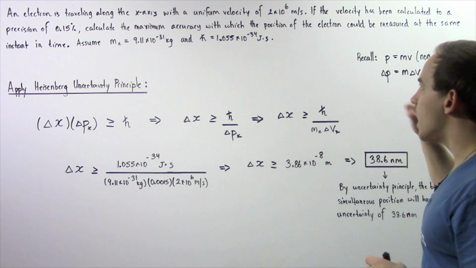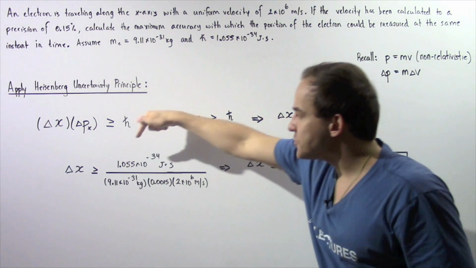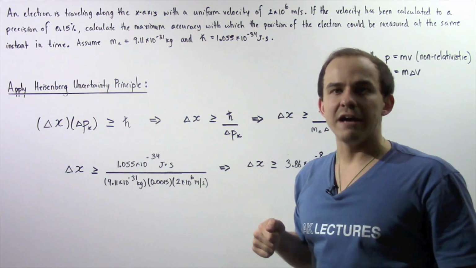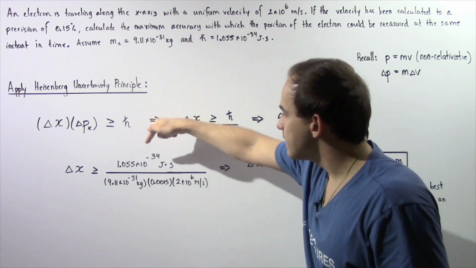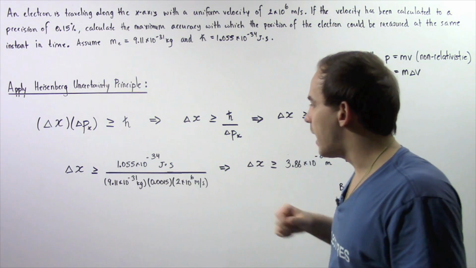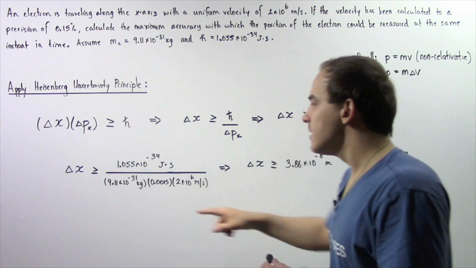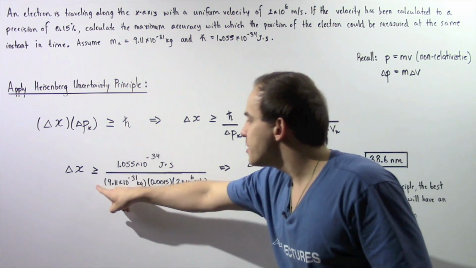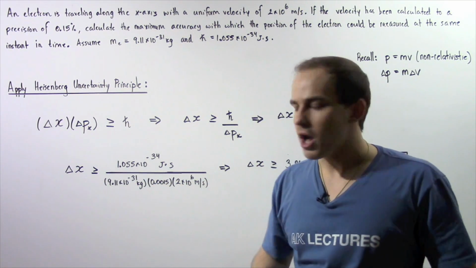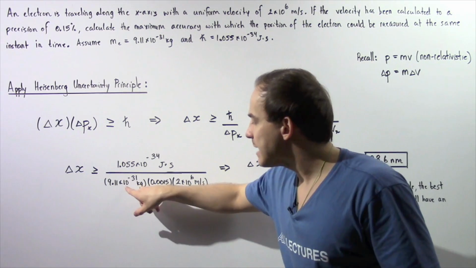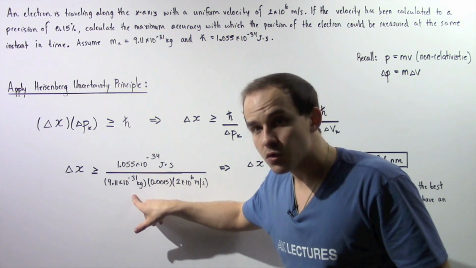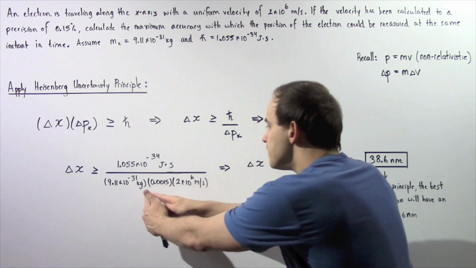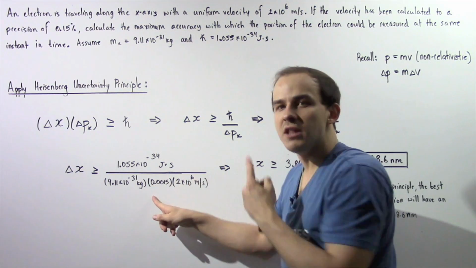So let's plug in our h bar, which is equal to 1.055 times 10 to negative 34 joules multiplied by seconds. We divide that by the uncertainty in our momentum. So the mass of that electron, 9.11 times 10 to negative 31 kilograms, multiplied by the uncertainty of the velocity.